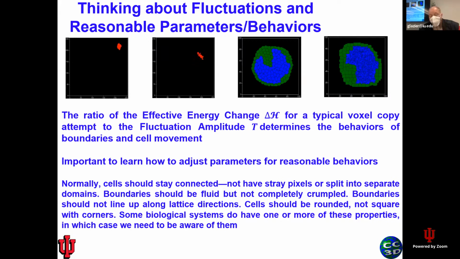Now, of course, biologically, there are counterexamples to almost everything. And so sometimes the cells really do get rigid and square, and sometimes the boundaries of cells really do get interdigitated and messy. And so in those cases, we might use values of parameters that we wouldn't use normally. But a typical cell boundary is not interdigitated, and it's not dust-like.